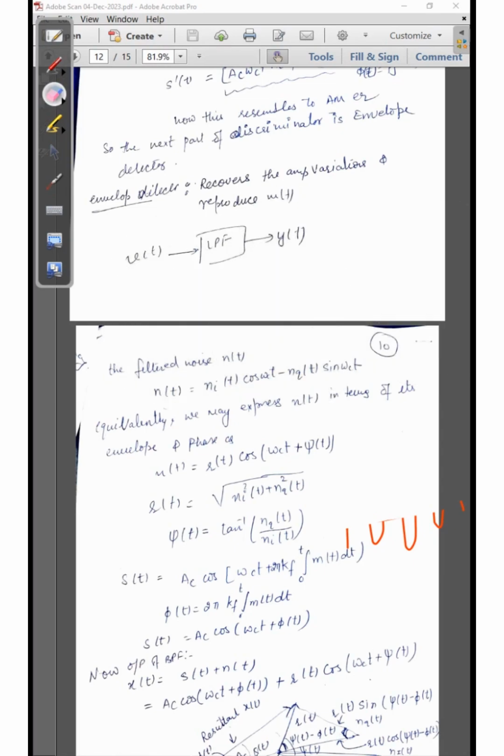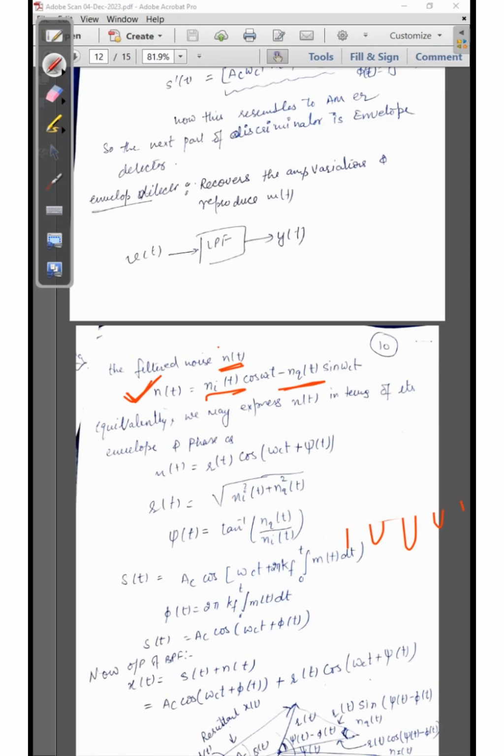Let's see. Friends, the filtered noise n of t is a narrowband noise. If it is a narrowband noise, we can represent it in in-phase and quadrature components, right? So I can write n of t as ni of t cos omega ct minus nq of t sin omega ct. We have already seen this in previous videos also.